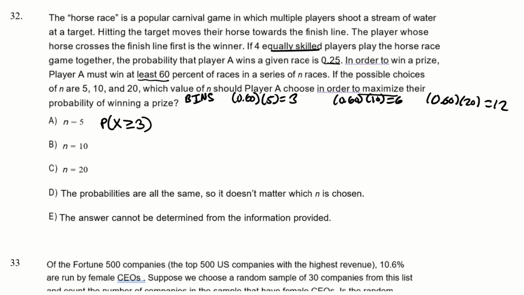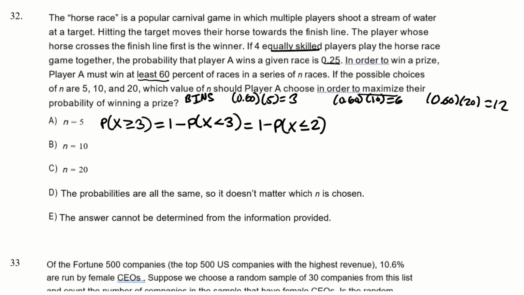Remember that this is greater than or equal to, so we want to use a binomial CDF function. However, the CDF gives less than or equal to, so we're going to do the opposite. The opposite of greater than or equal to 3 is less than 3. So we're going to do 1 minus the probability that it's less than 3, according to the complement rule. Then I'm going to convert this into x is less than or equal to 2.